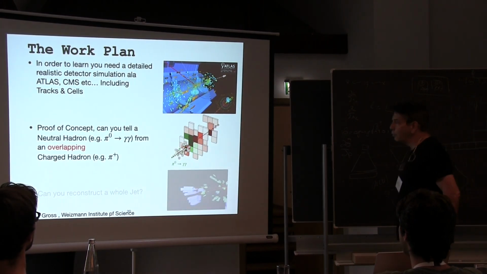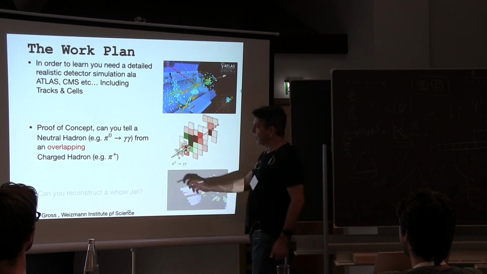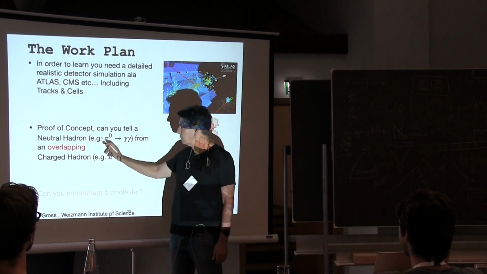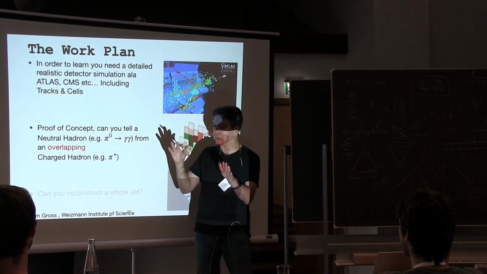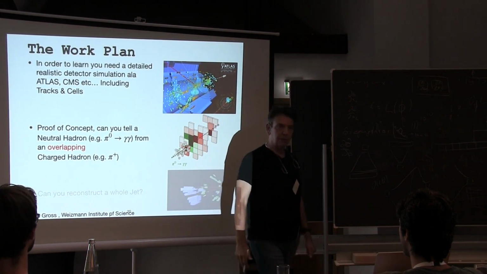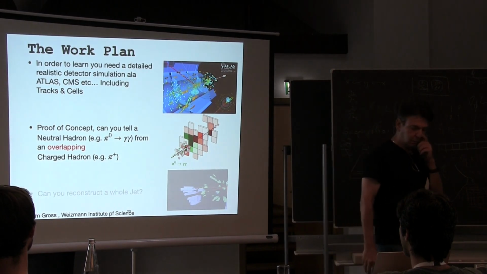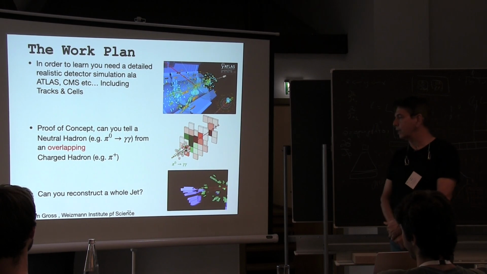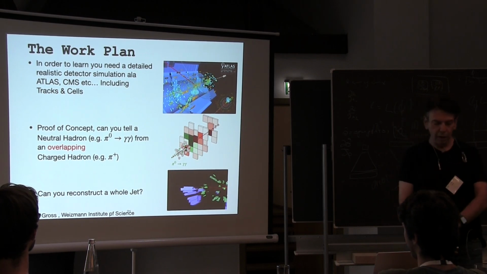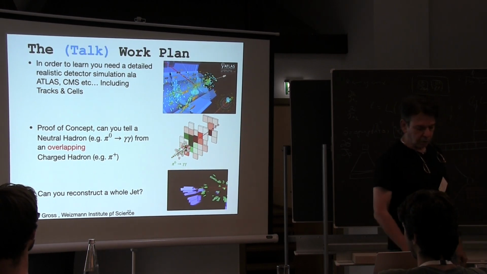The second is proof of concept. Can you tell a neutral hadron, like pi0 going to gamma gamma, from an overlapping charged hadron when they overlap each other? And the third thing was the real thing: can you reconstruct a whole jet? So that's the talk.